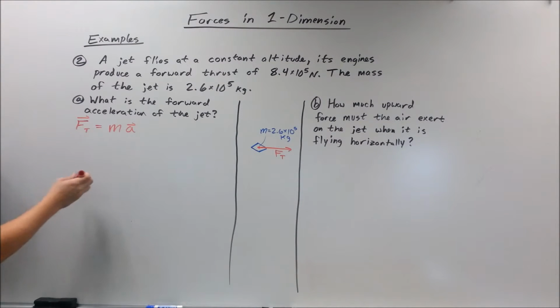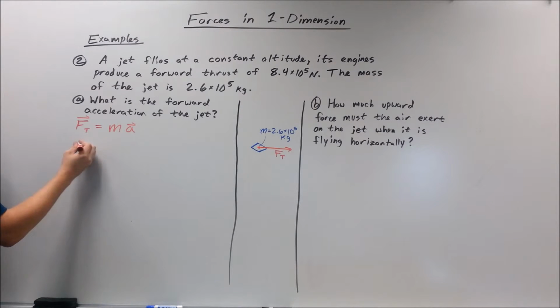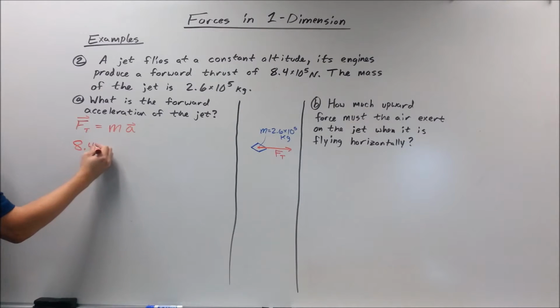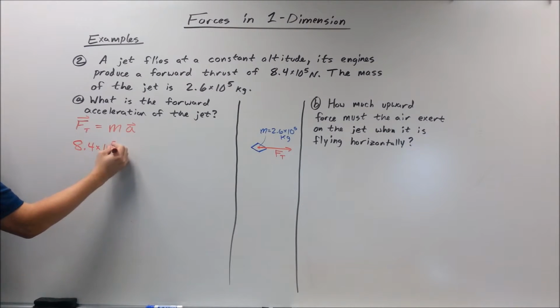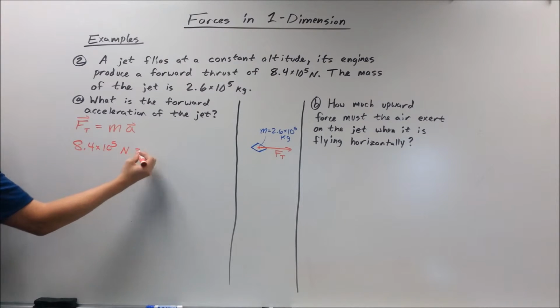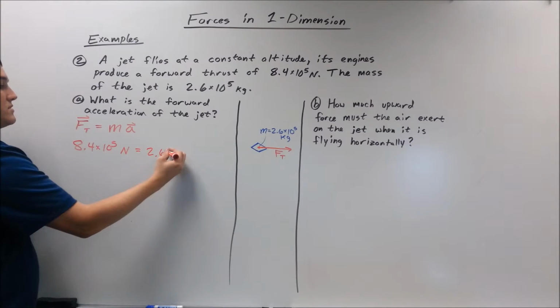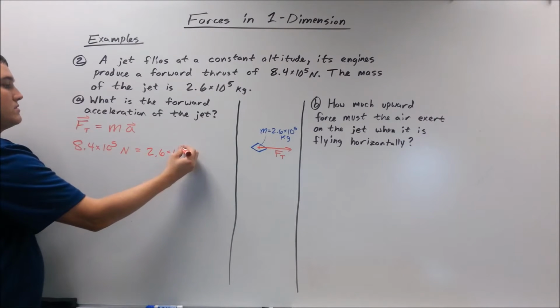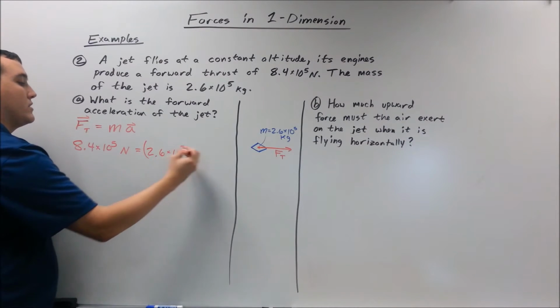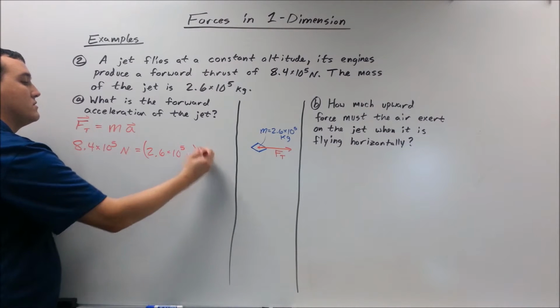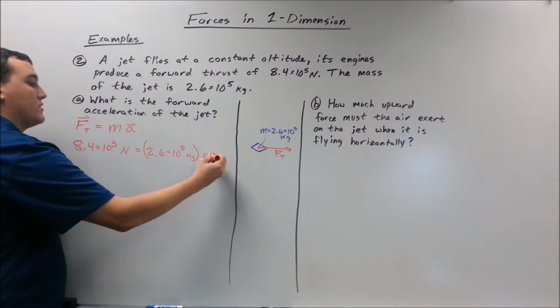We know our thrust is 8.4 times 10 to the 5th newtons equals the mass, 2.6 times 10 to the 5th kilograms, times our acceleration.